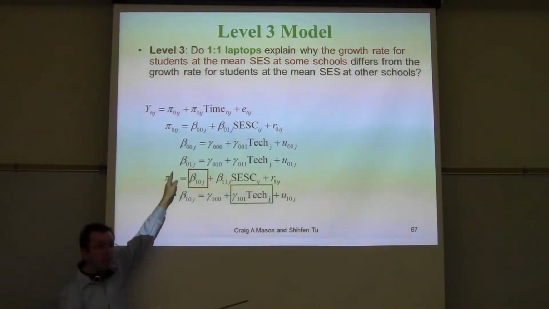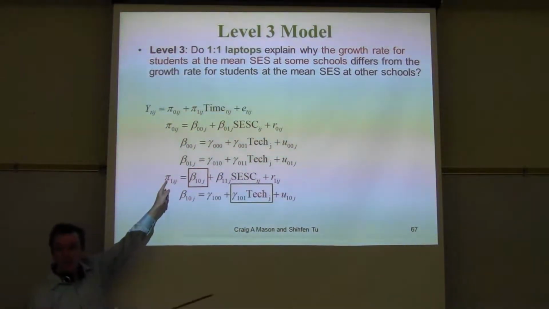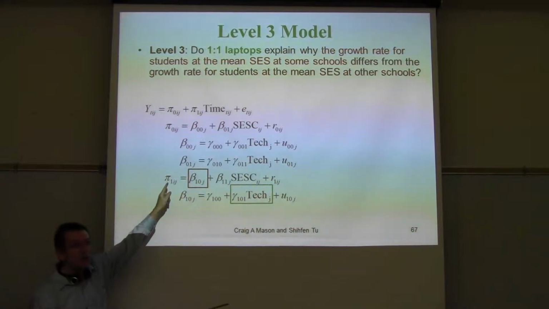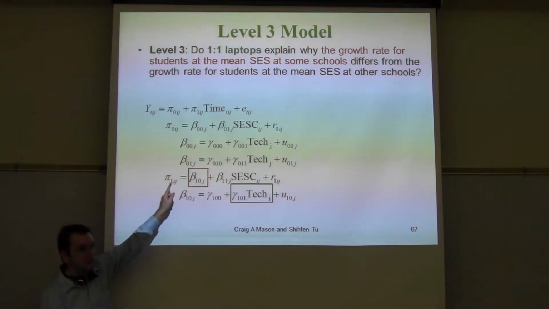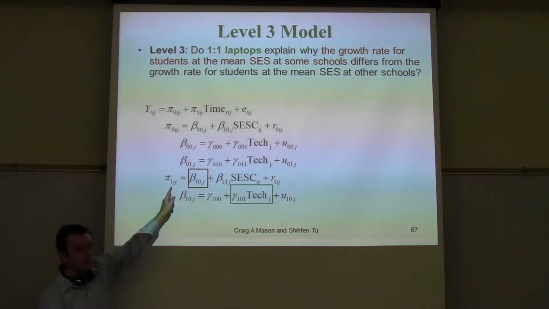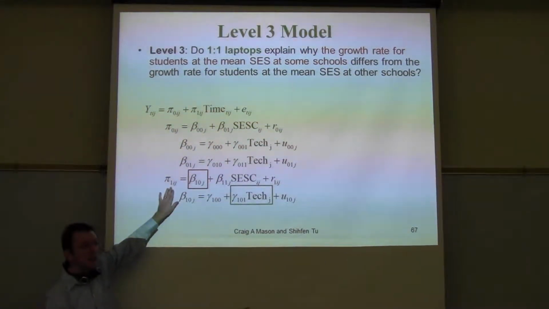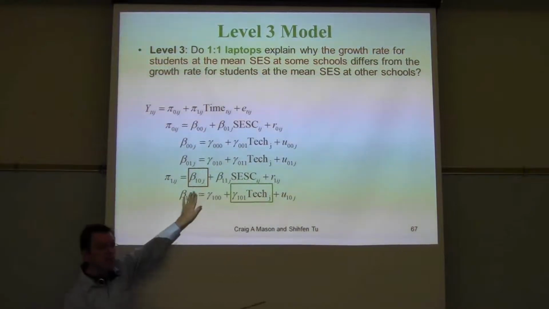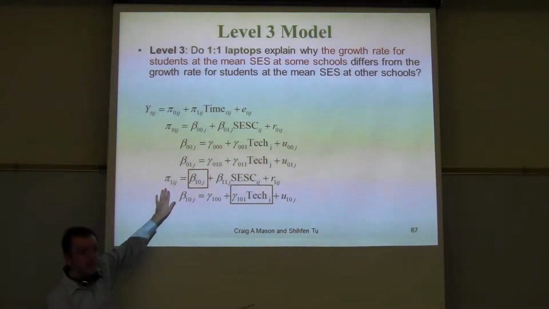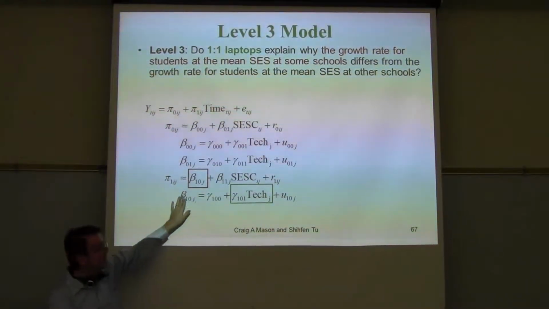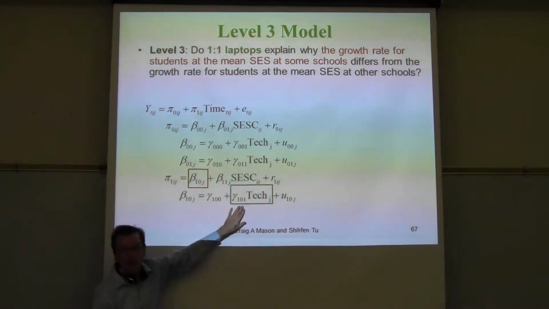The first one's nice because it's a good way of understanding, did we start off the project with weird differences between our schools, and what are they if we did? Here, it's actually testing, okay, did laptops affect growth, and how did it affect growth in the kids? This is what we're spending all that money on.